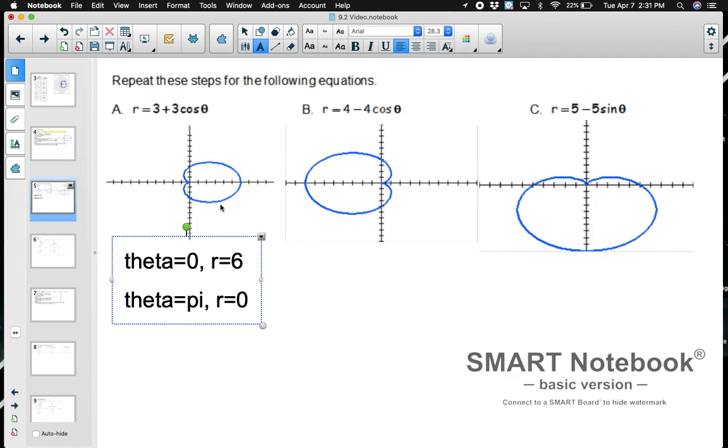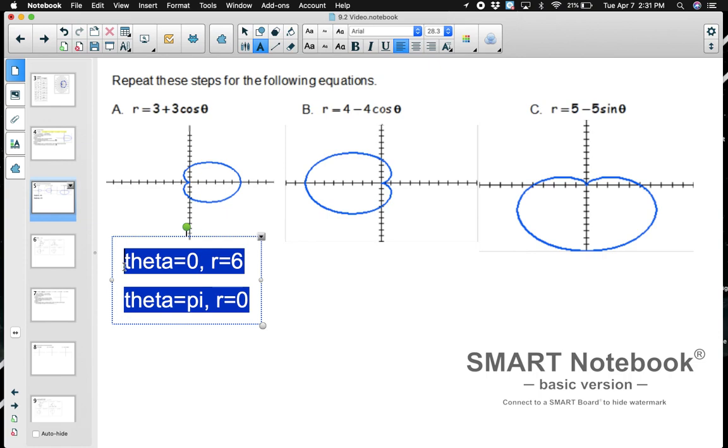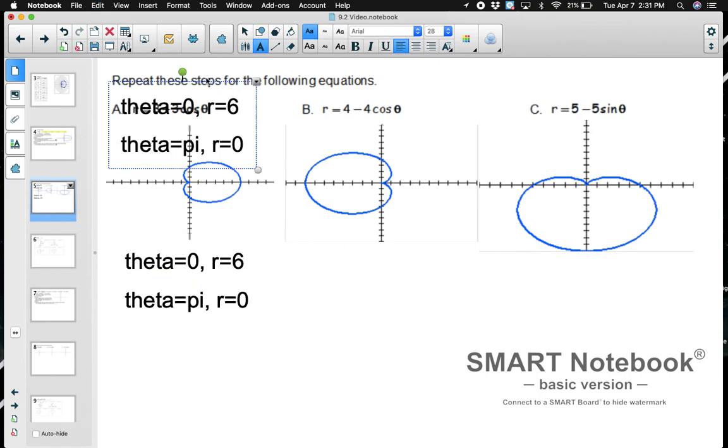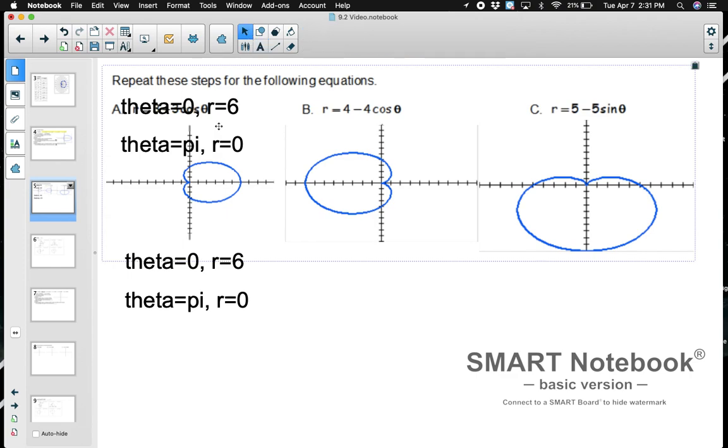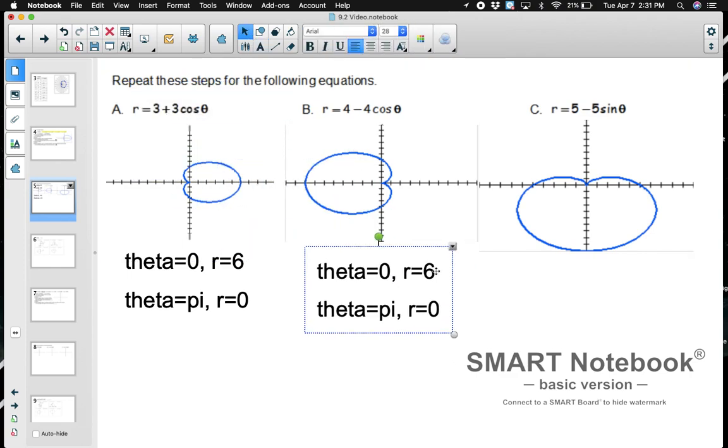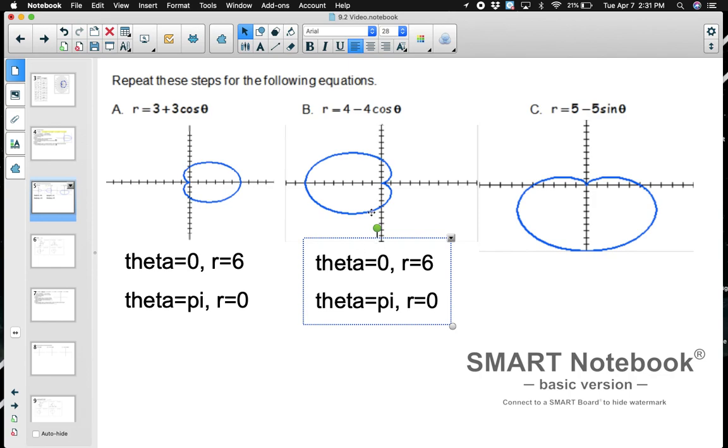So when theta equals 0, I go to r equals 6 in this case. When theta equals pi, I'm at 0. Here, let's copy this. This time, when theta is 0, so I'm out in this direction, I'm at r equals 0.